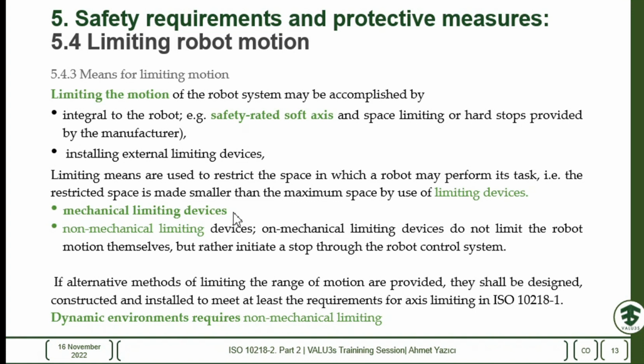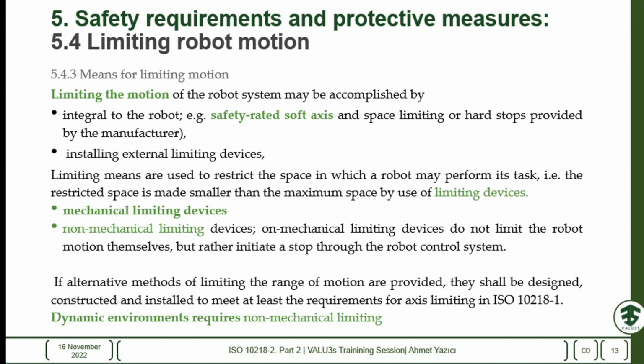First, mechanical limiting devices but, as I mentioned before, also non-mechanical devices which limit the robot. Actually, these devices do not limit the robot motion themselves, but rather initiate a stop through the robot control system. So they have slightly different functionalities.